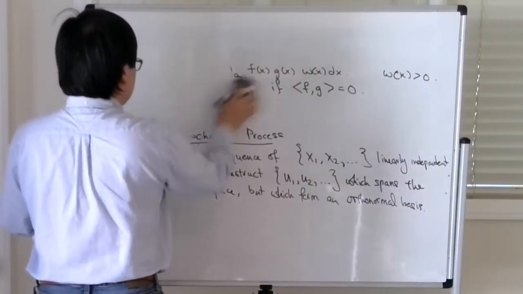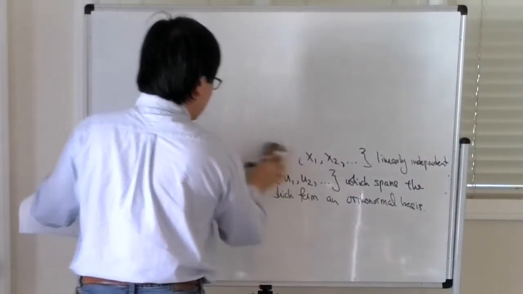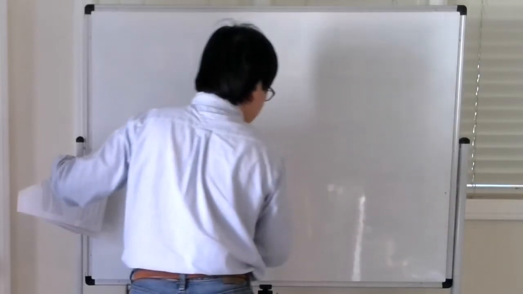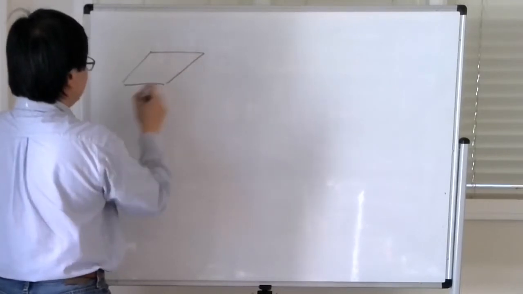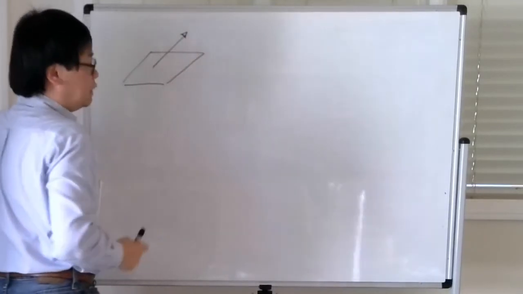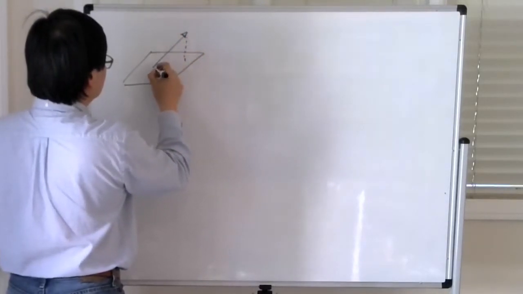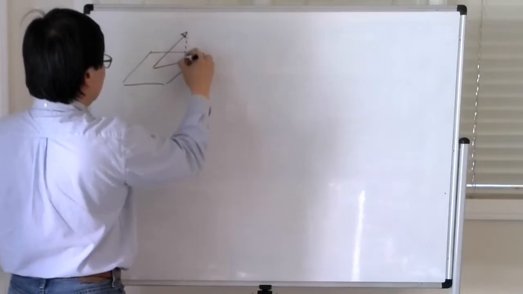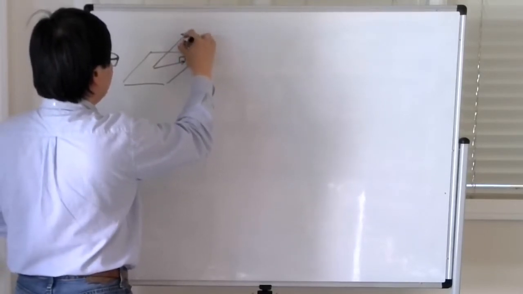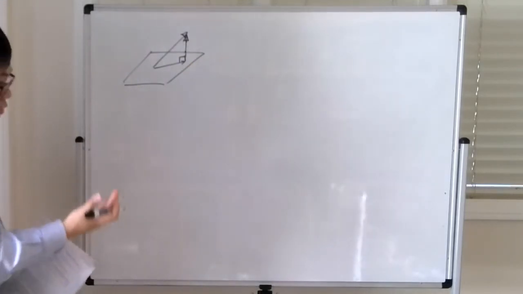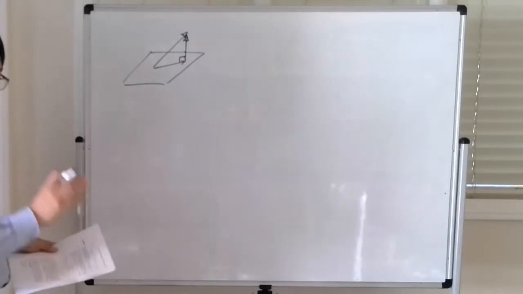So the idea, if you recall, is fairly straightforward. You keep projecting out components. If you already have some subspace and you have a new vector, you do the orthogonal projection and subtract it out, and then you're left with a piece of the vector which is orthogonal to the previous subspace spanned by the other entries.